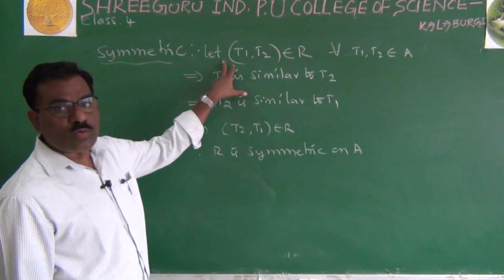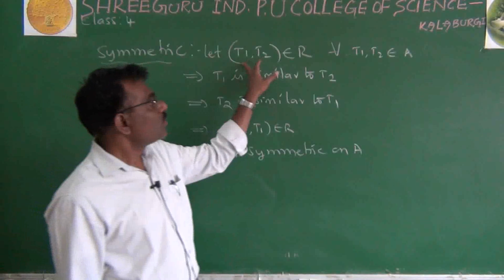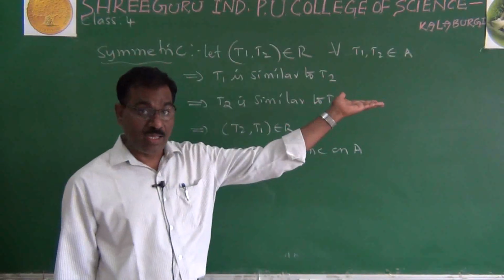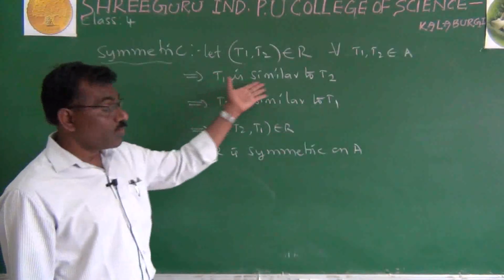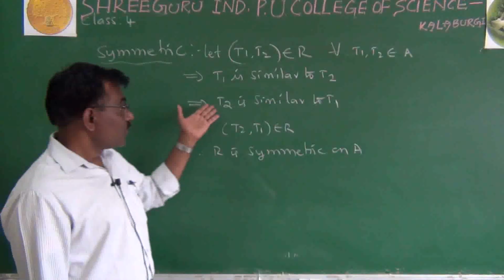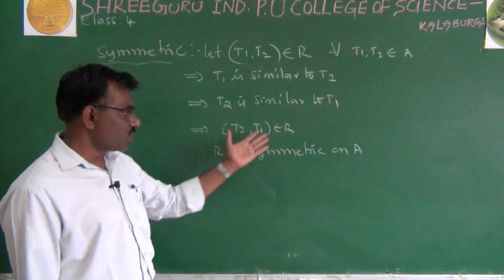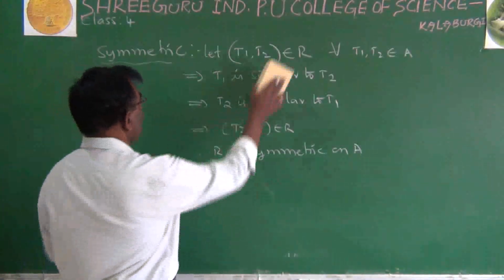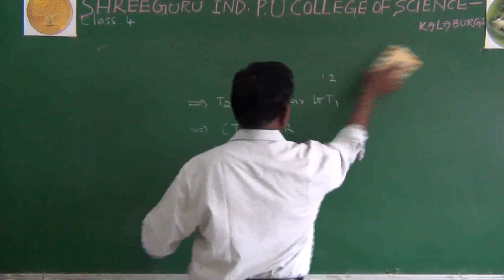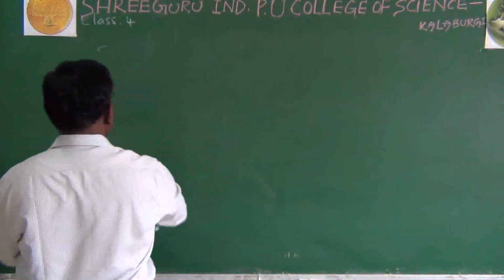You have to select one ordered pair. So T1, T2 belongs to set A. T1 is similar to T2, T2 is similar to T1. So T2 comma T1 belongs to R. R is symmetric on set A. Then what is next?